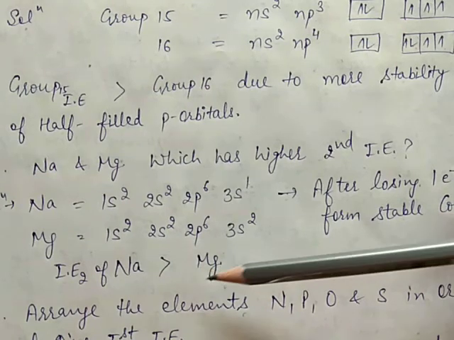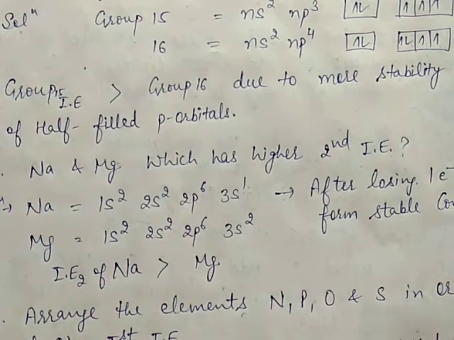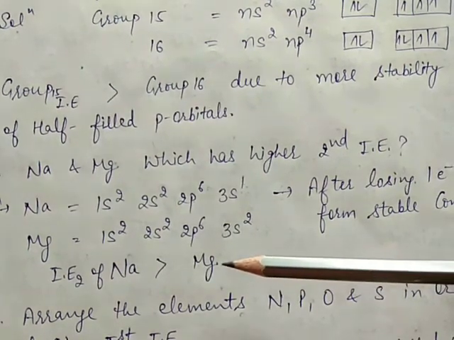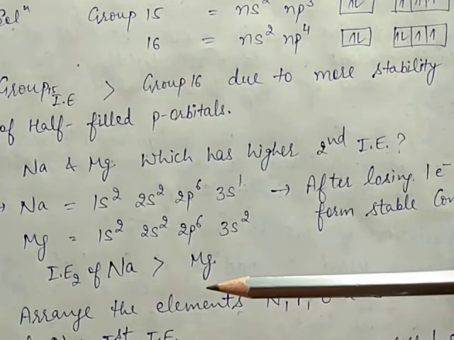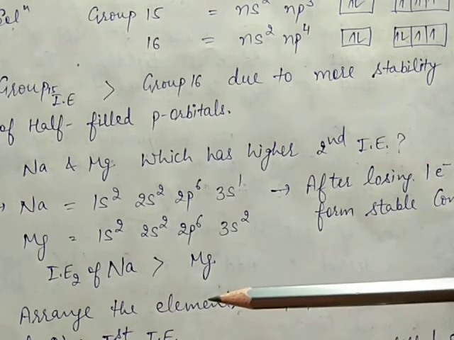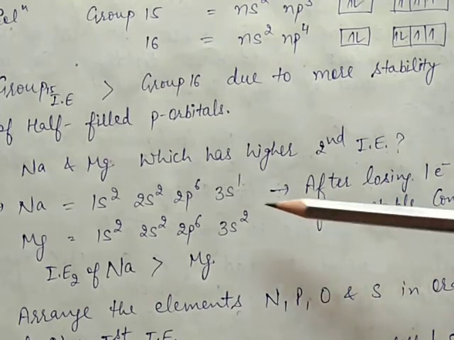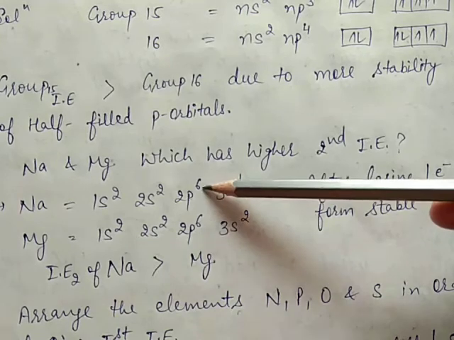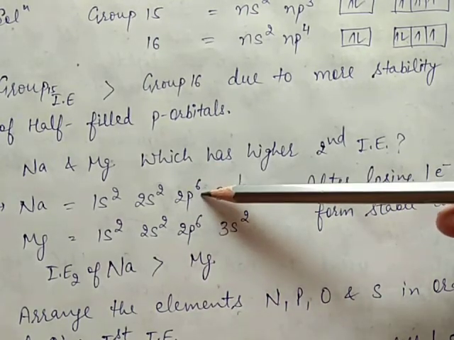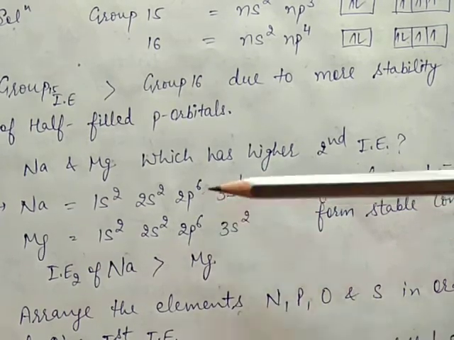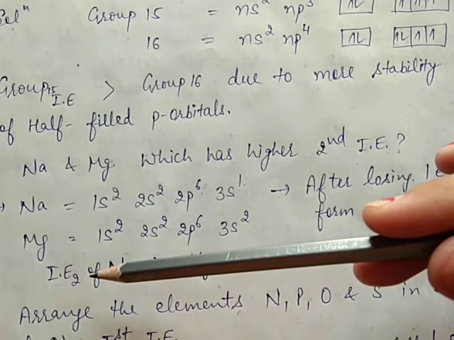So the second ionization enthalpy of sodium is greater than magnesium, because it acquired the nearest noble gas configuration after losing 1 electron, and the second electron has to be removed from the stable noble gas configuration. The first electron is removed here, the second electron here. So high energy is required to remove the second electron, because the question asks for second ionization energy.